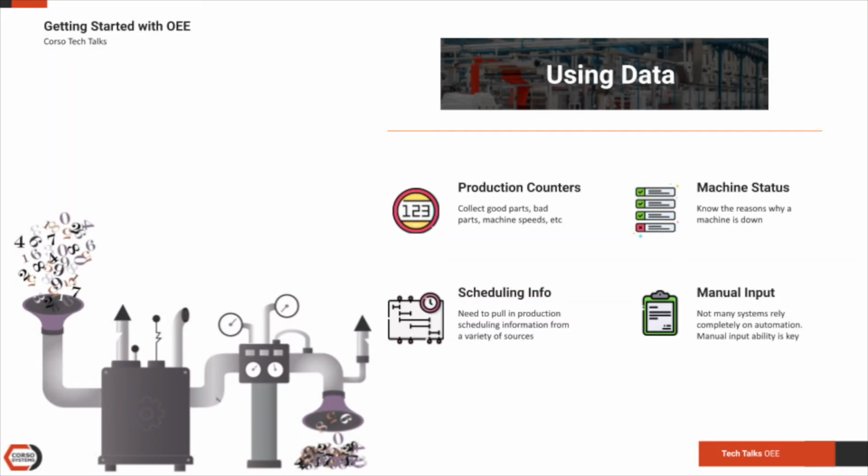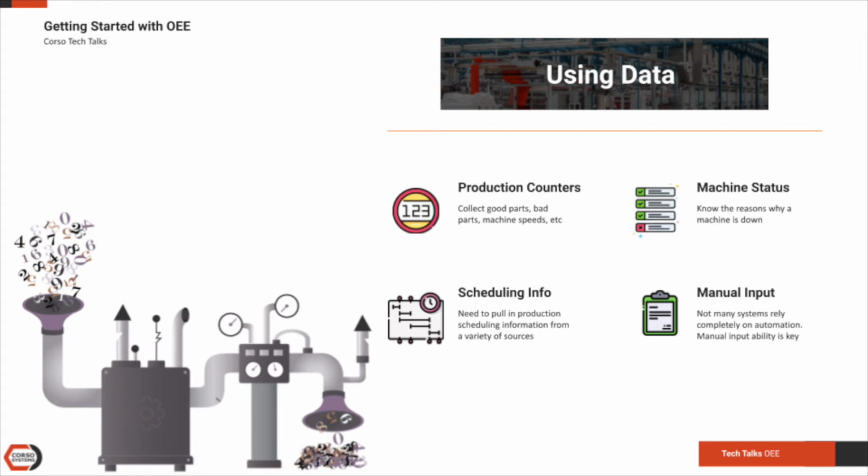So the other key aspect here on getting started is just to really think about the data side of this. Data is really what's going to be driving this whole system for you. Really the most important thing to remember here with OEE is that OEE is very much a garbage in, garbage out type of initiative.